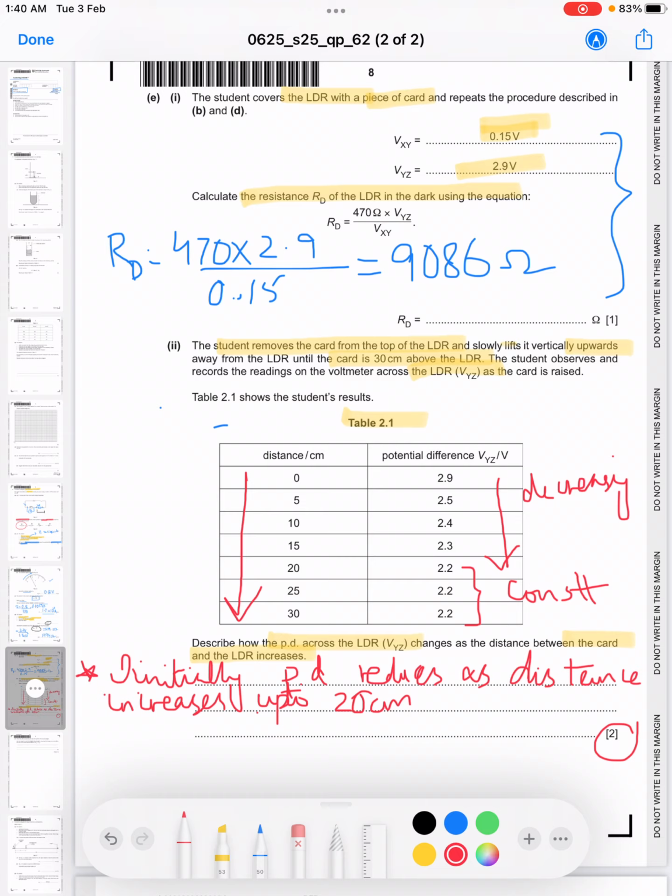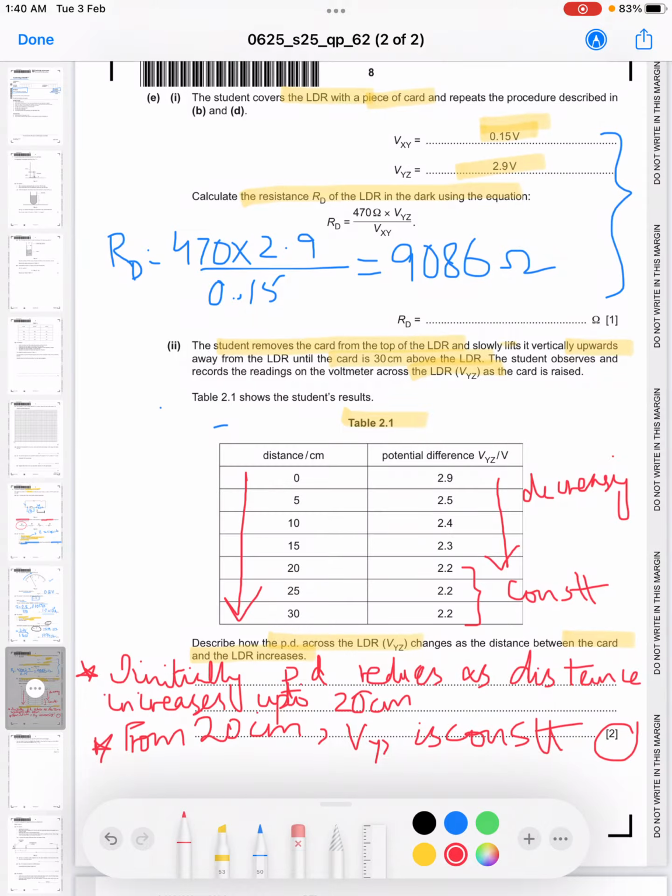Okay, and the second point is the VYZ, from 20 centimeters, VYZ is constant, right?